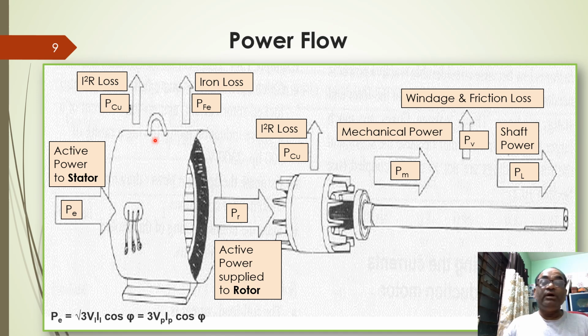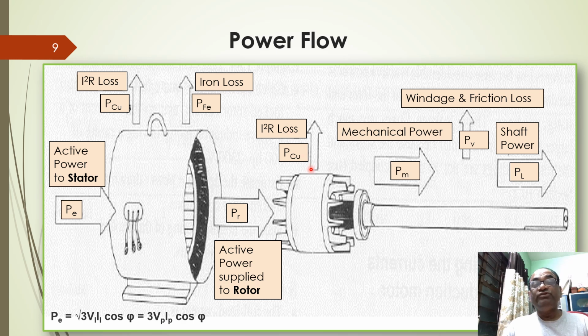Power flow has again been shown here. Active power to the stator is fed as three-phase power in the three-phase winding of the stator, and you have to deduct the copper loss and the iron loss, and then active power is available in the air gap.